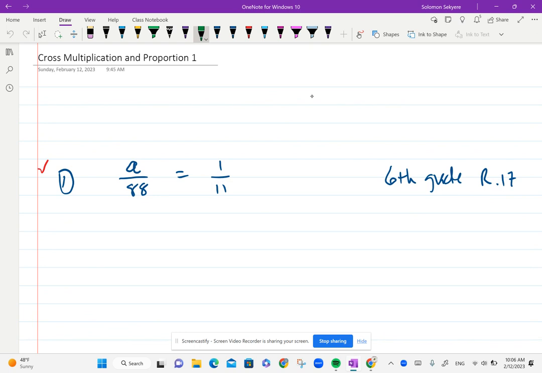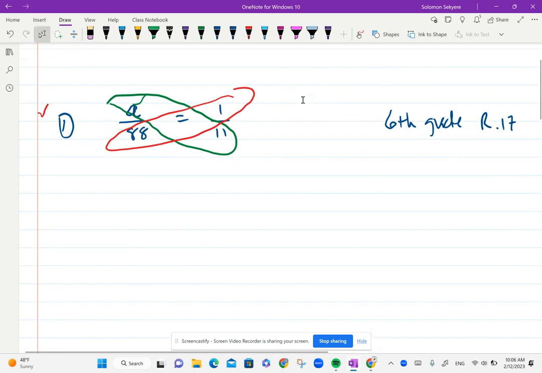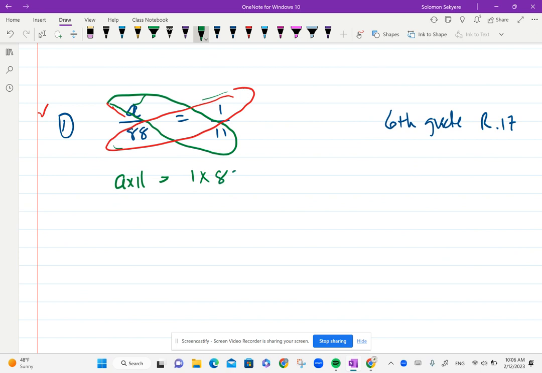First, identify the letter or the variable. Cross multiplication means this times this should be equal to 1 times 88. So A times 11 is equal to 1 times 88.